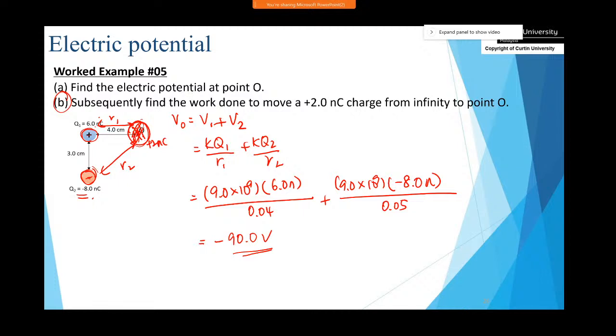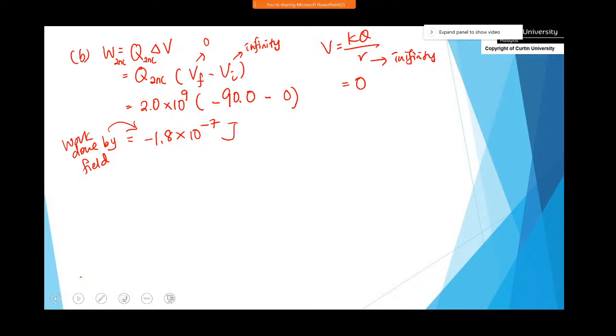How do we know? Because at this point, remember your potential is negative 90 volts. So negative is attractive to the positive charge in order to reach here. Alright, so the charge doesn't have to work hard. If you get a negative work done, it means the work is done by the field. Okay?